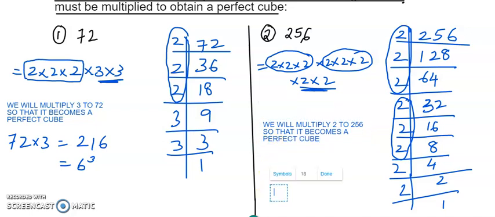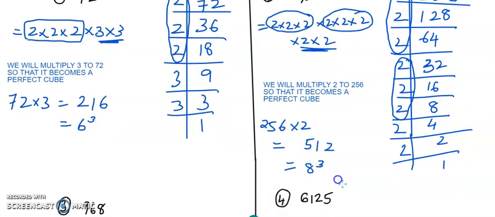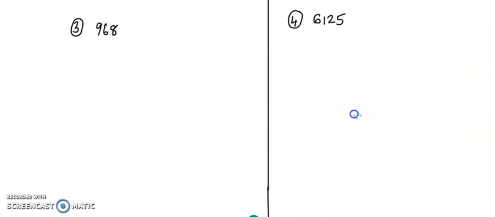So which number are we multiplying by? 2. So 256 multiplied by 2 will give me 512, which is 8 cube. Okay, clear? Let's take the next two questions.